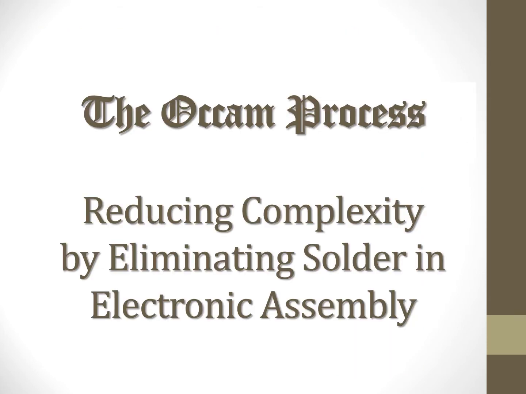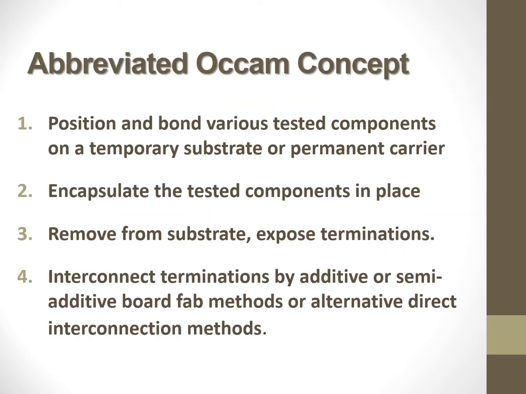So the Occam process, the fundamental objective is to reduce complexity in manufacturing by eliminating solder in electronic assembly. An abbreviated description of the Occam concept is to position and bond various tested components on either a temporary or permanent carrier, and encapsulate the components in place.